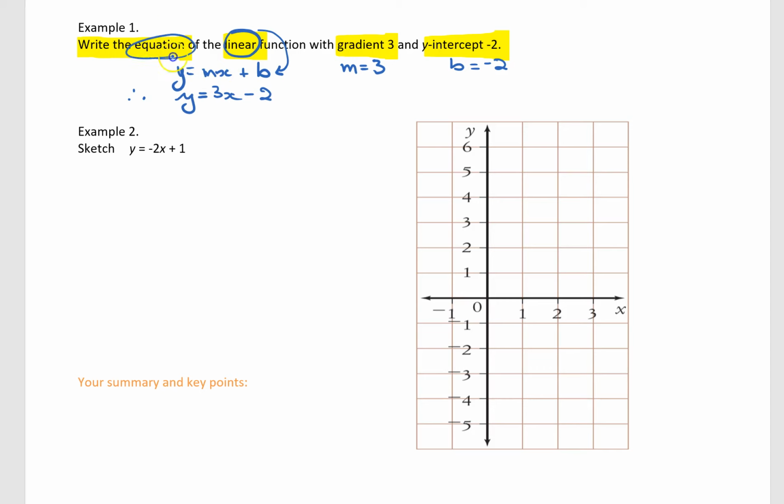Write an equation. What do you know an equation looks like? An equation has an equal sign. These linear equations will have x and y variables in them.